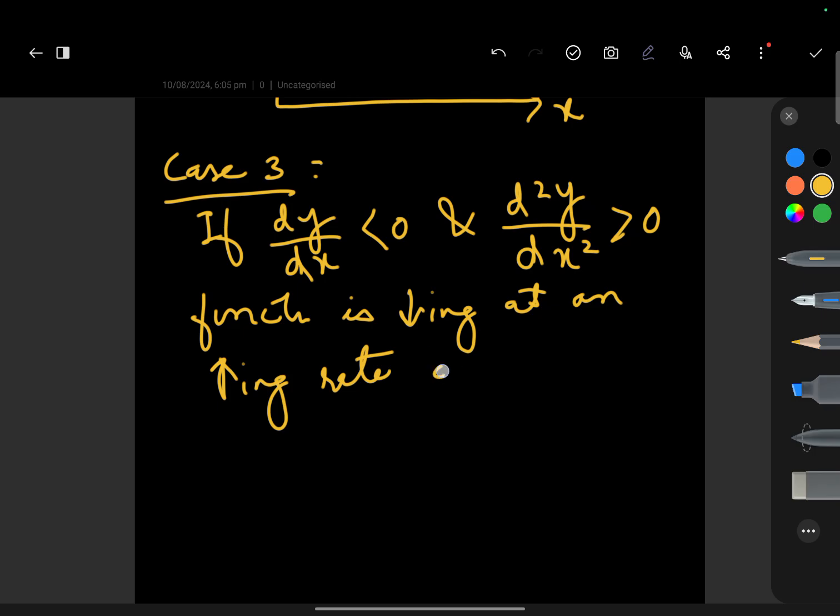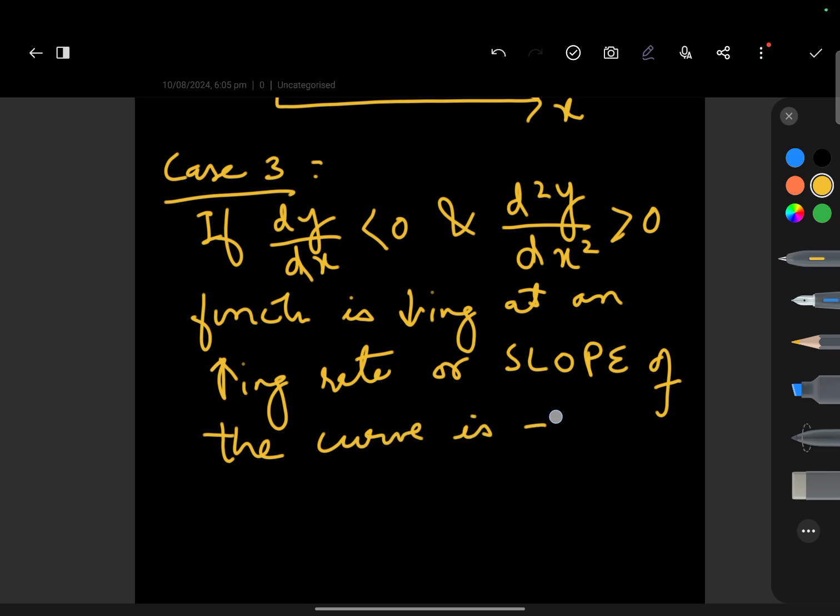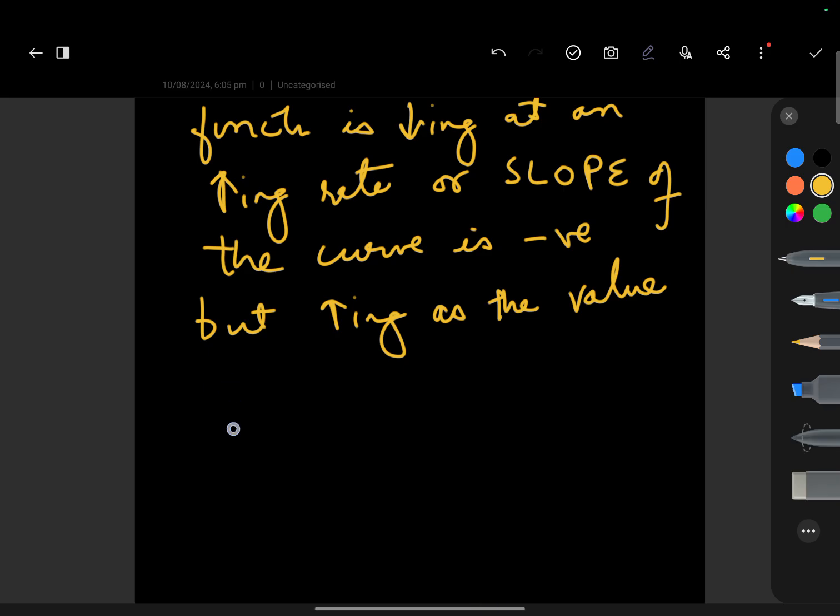Or the slope of the curve must be negative. It is negative but increasing as the value of x increases.